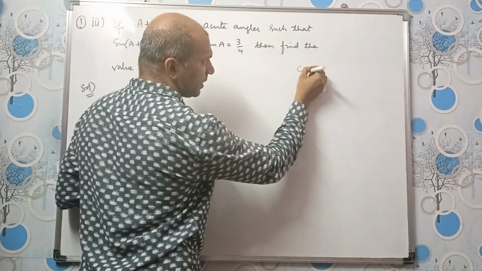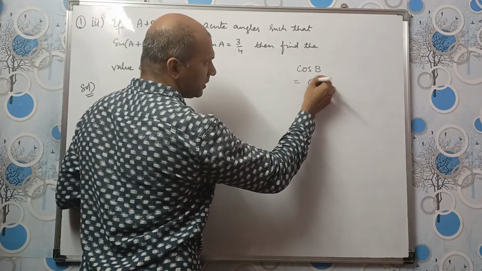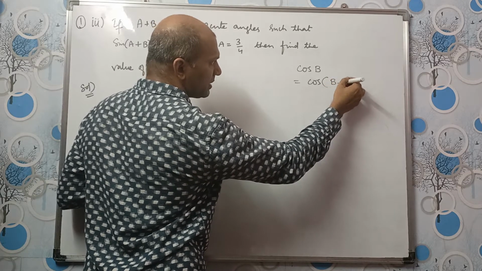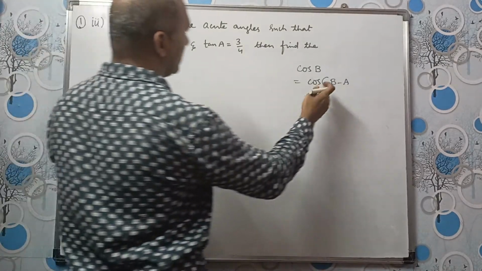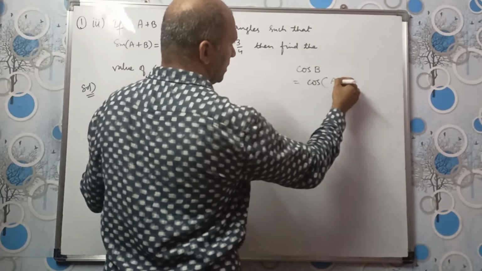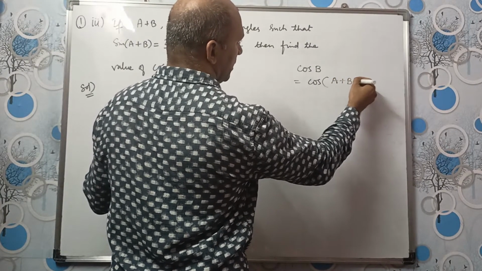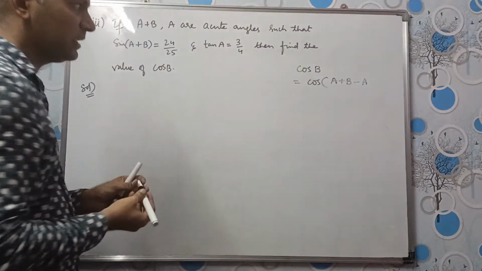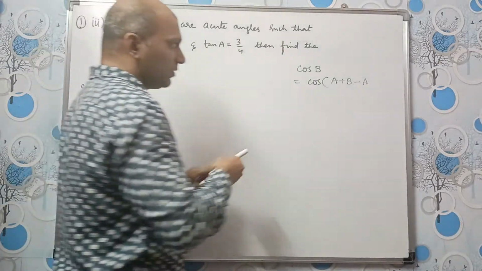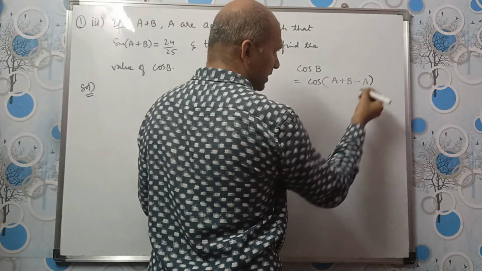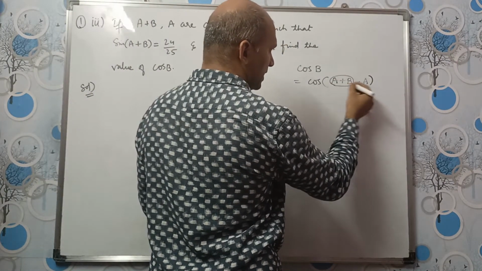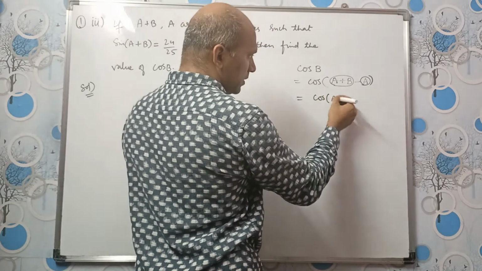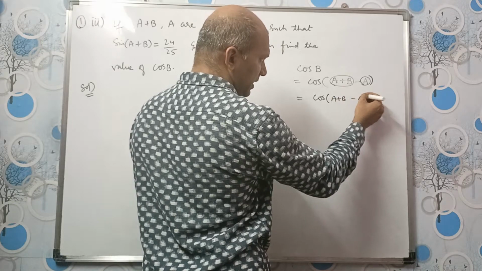See, cos b, can we write it as a plus b minus a? Let us take a plus b, a plus b minus a like this. Can we write cos b as cos a plus b minus a? Now, if you take this as one angle and this as one angle, this will be the cos a plus b minus a formula, right?